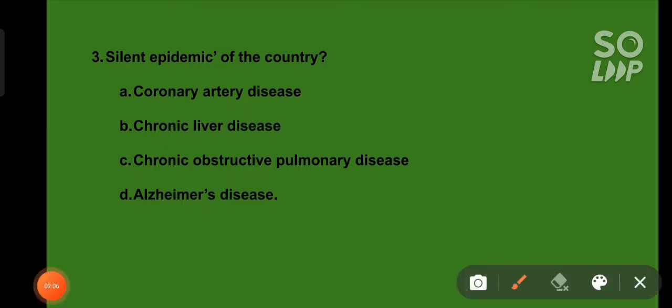The right answer is option D. Alzheimer's disease is the silent epidemic of the country. There is no spread of infection, it is not a communicable disease, so it is called silent epidemic.